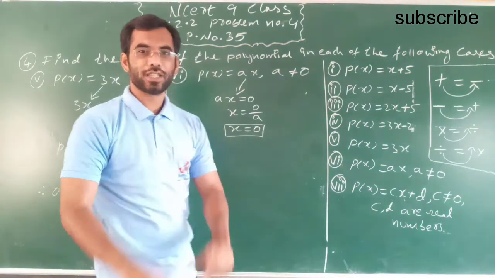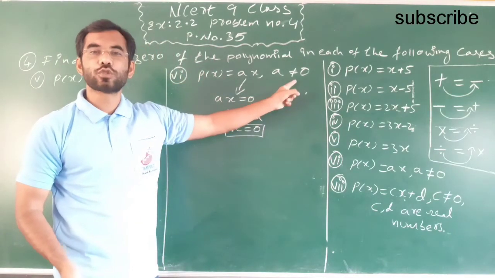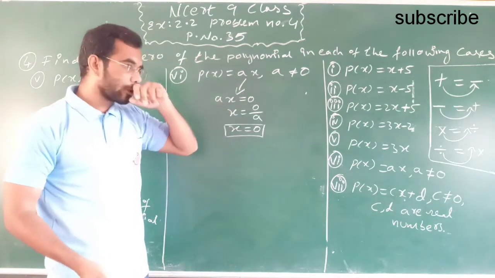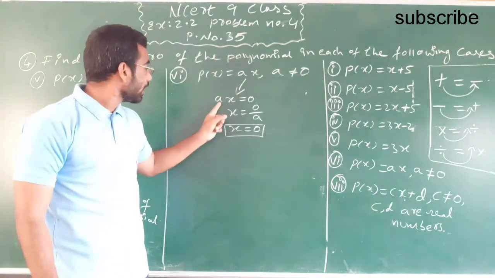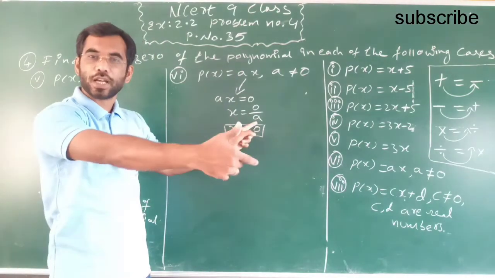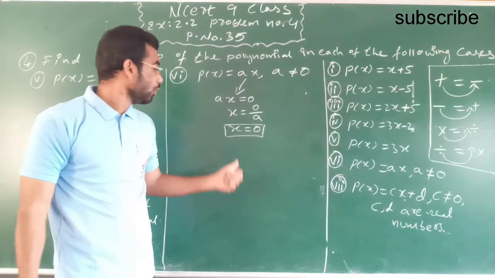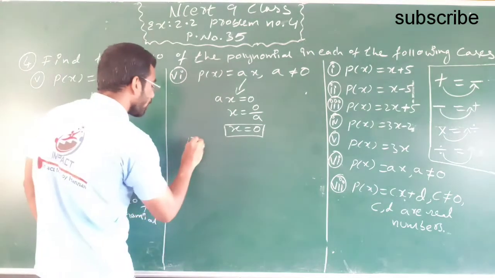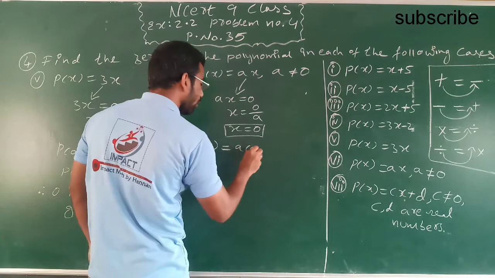See how the question is confusing you. It says that A should not be equal to 0. But if you are taking Ax equal to 0, is A becoming 0? No, it's not becoming 0. If I send A to the right hand side, x is equal to 0 by A. A is not becoming 0, so x is equal to 0 by anything, which will be 0. Okay? P of 0 is equal to A into 0.